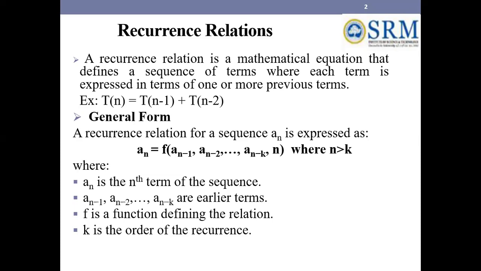The f function defines the relation between these terms, T of n, T of n minus 1, like that. K is the order of the recurrence. This is an order in the mathematical functions. So this is the general form of a recurrence equation, and it can be derived from the algorithm.